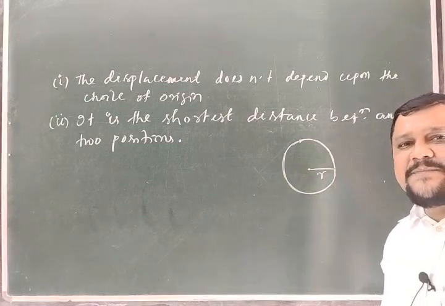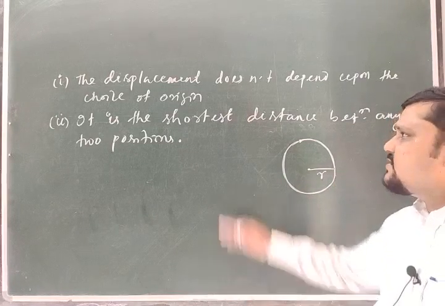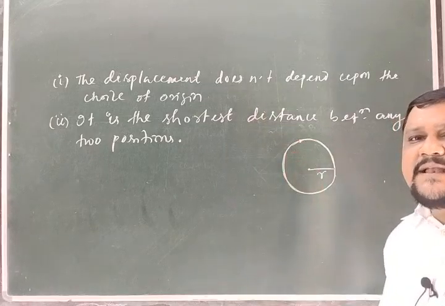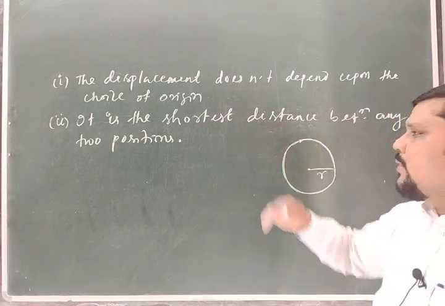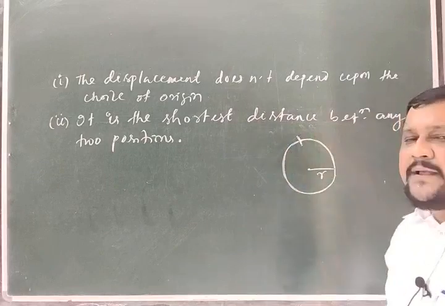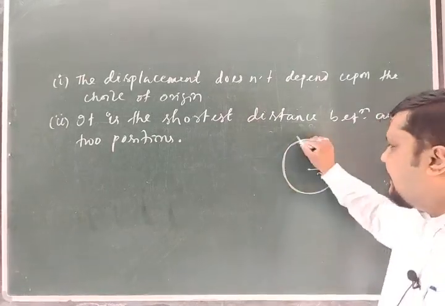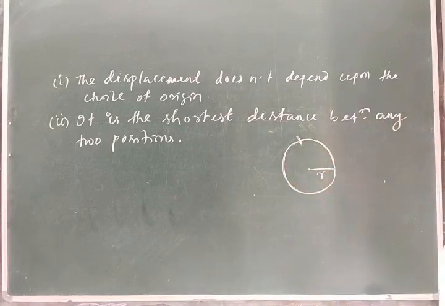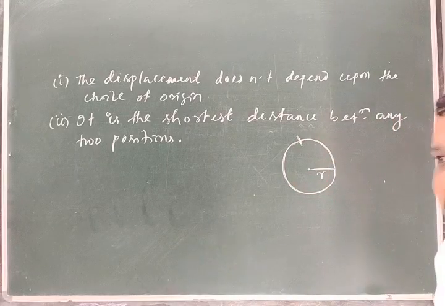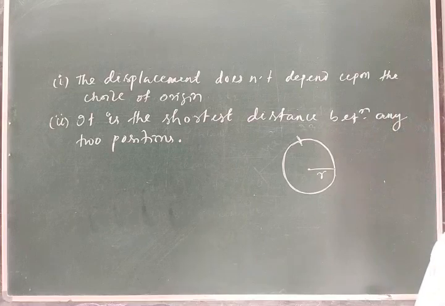So what is the displacement of the particle? The shortest distance between the initial and final point; since both coincide at the same point, the displacement in this case is 0.